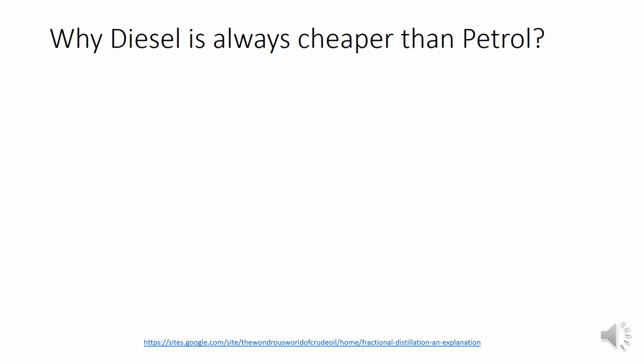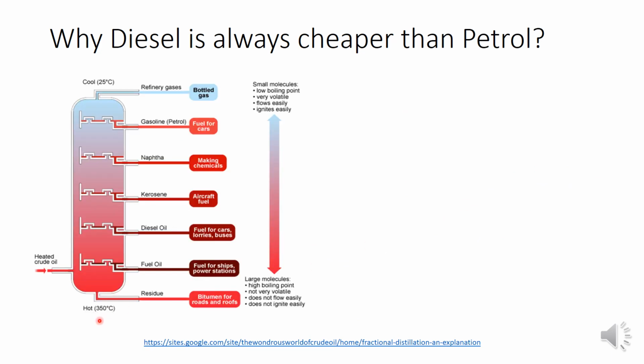Reasons for this. First, you know that petrol and diesel are all derived from crude oil, by the fractional distillation of crude oil. A distillation tower like this is used, different temperatures are created, and cooling takes place.